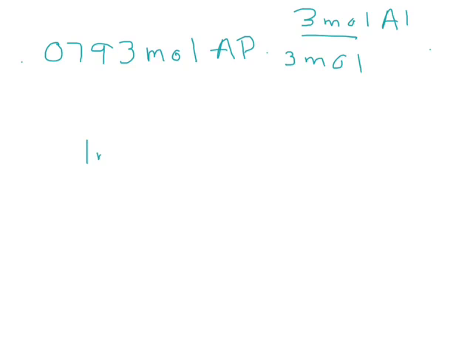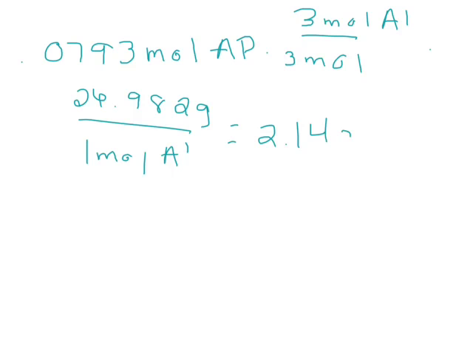So for every mole of aluminum, there are 26.982 grams, and that equals 2.14 grams of aluminum. Now this number is the amount used.